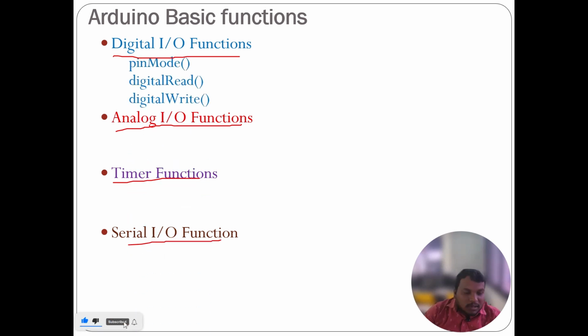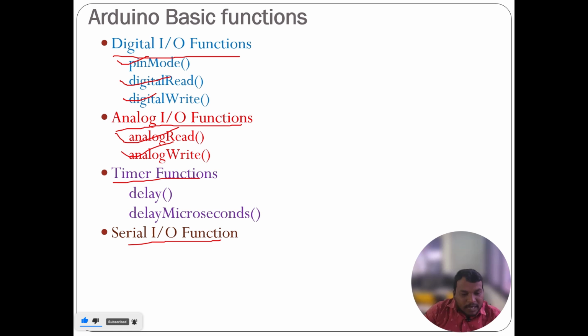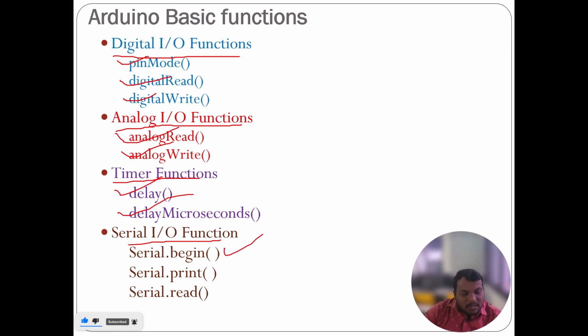In the digital input or output functions category there are three types: pinMode, digitalRead and digitalWrite. In the analog input output functions there are two types: analogRead and analogWrite. In the timer functions also two types: delay and delayMicroseconds. Coming to serial IO functions, the first one is Serial.begin, Serial.print.